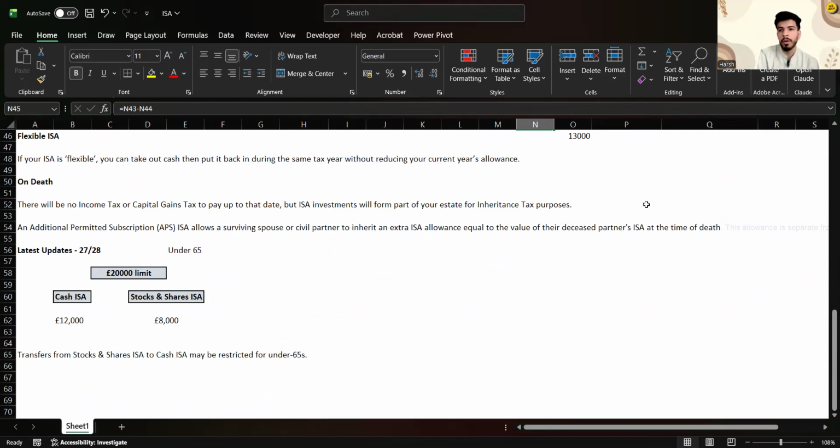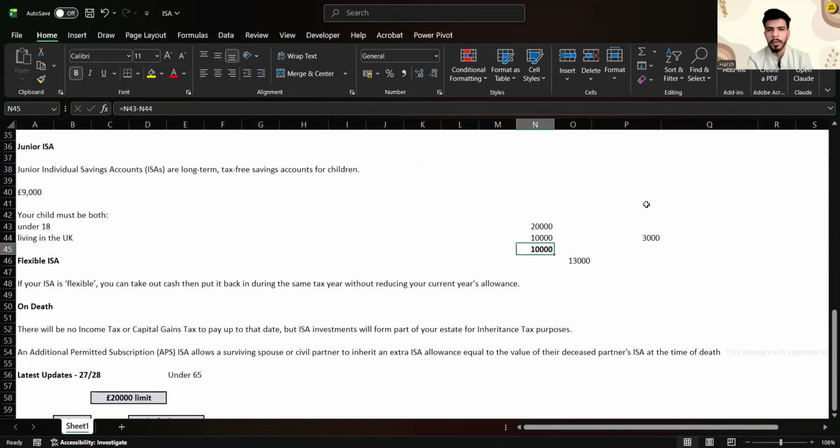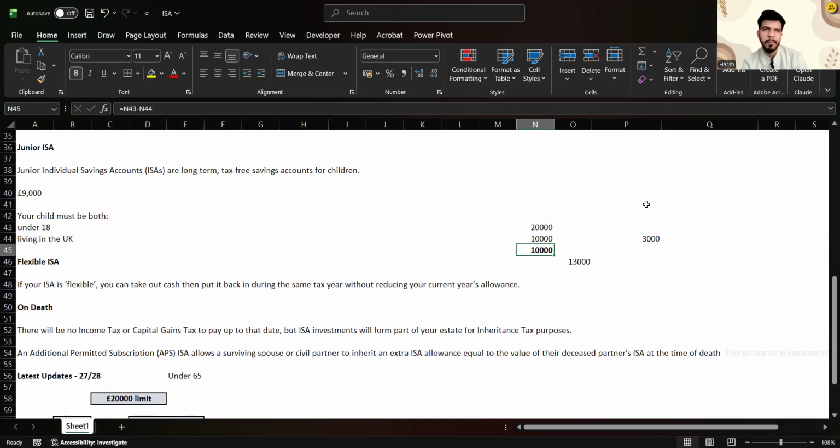There is one benefit as well. If you die, your civil partner can inherit an equal amount of your ISA pot in ISAs. Basically, their limit increases. So if the limit is 20,000 pound, and let's say the husband has left 1,40,000 pound in ISA, that 1,40,000 pound would form a part of your estate and be added while paying inheritance tax.